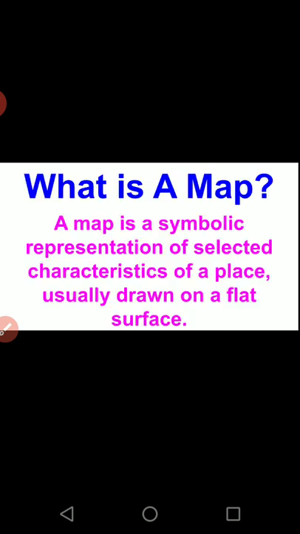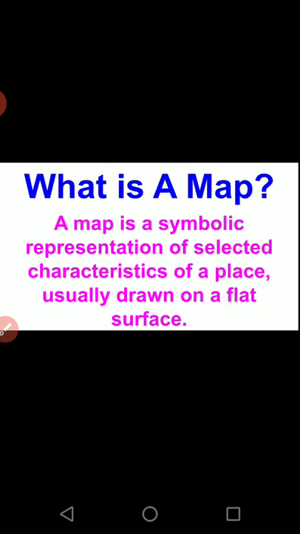If so many variations are there, how can the earth be a clear cut, very fine circle? It is not. So the actual shape of the earth is what? Geoid. Geoid means along with all the landforms which are there on the earth's surface.